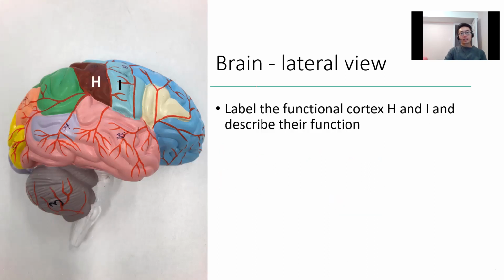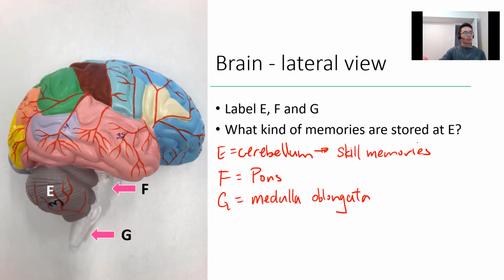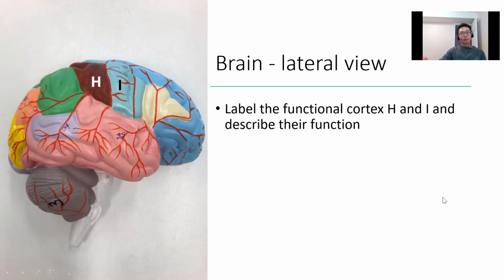Label the functional cortex H and I. So this is the front of the brain, and this is the back. At the back of your frontal lobe, this area is the primary motor cortex.